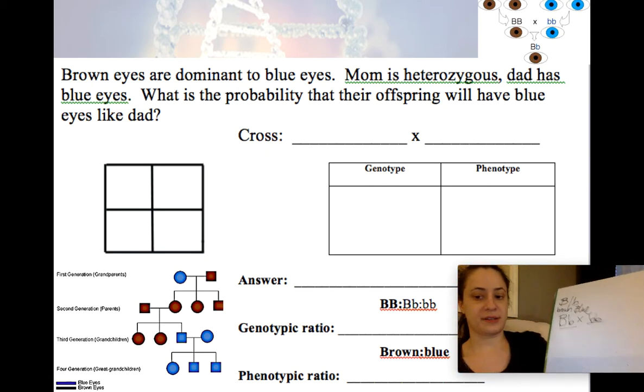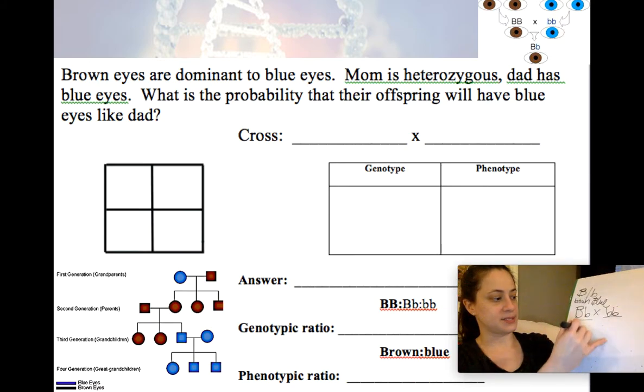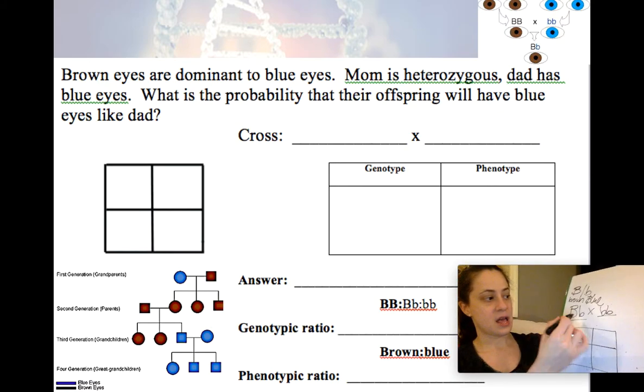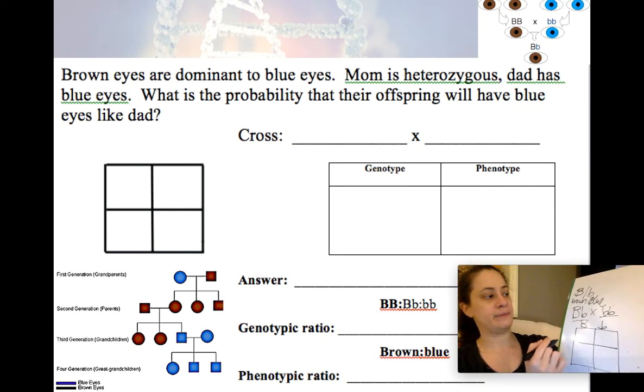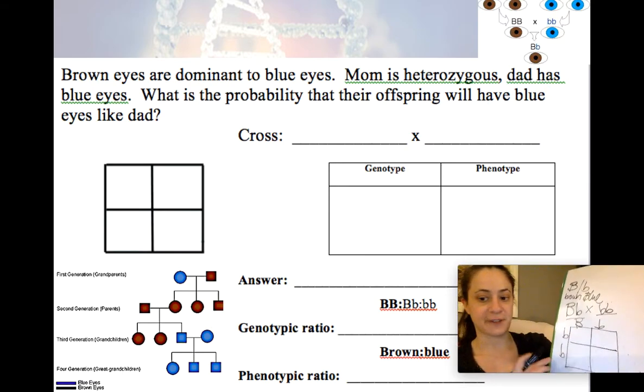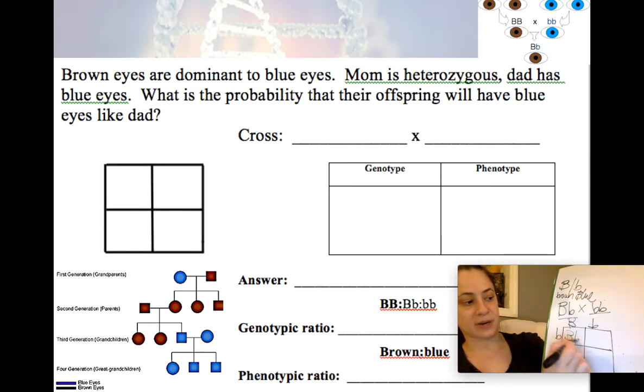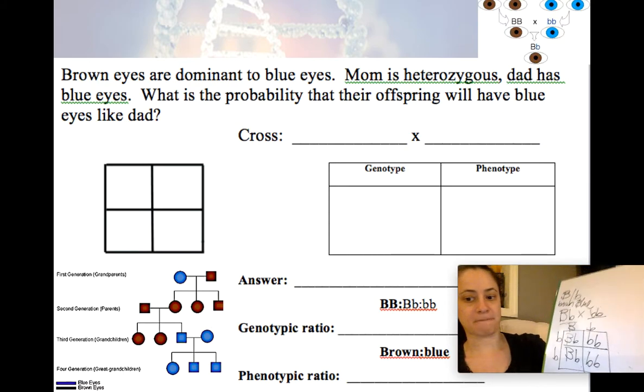So in order to set up the Punnett square, here is our 4-box square, and we just put one allele on top of each column, and then one allele next to each row for the other parent, and just fill in. So here we have capital B, lowercase b, capital B, lowercase b, lowercase b, lowercase b, lowercase b, lowercase b.